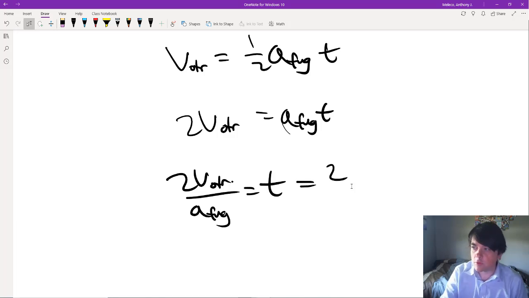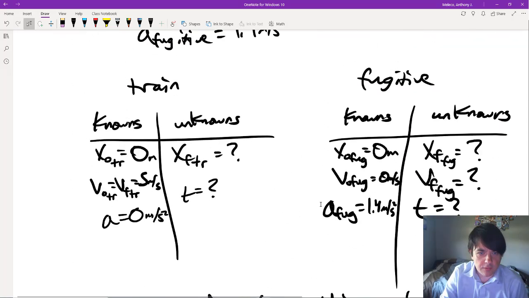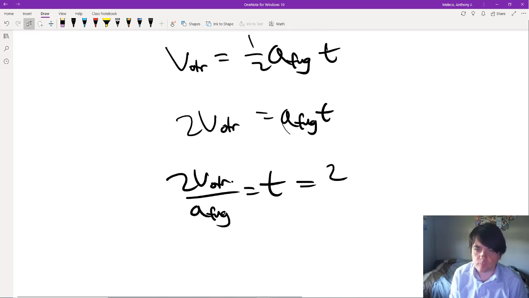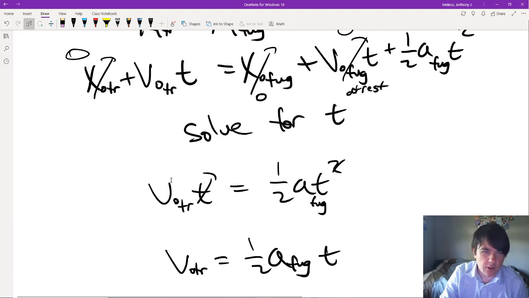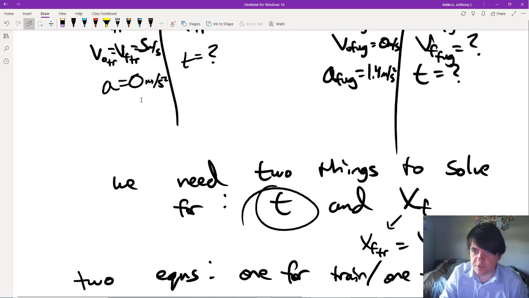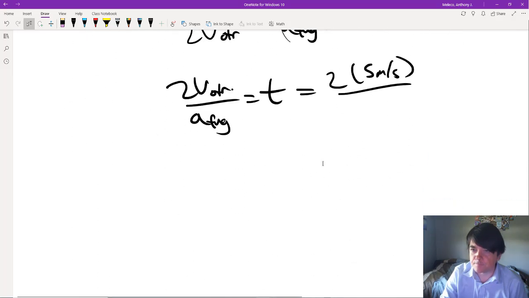So 2, and the train is 5 meters per second, over a of the fugitive, which was 0. Wait, looked at the wrong one. 1.4.